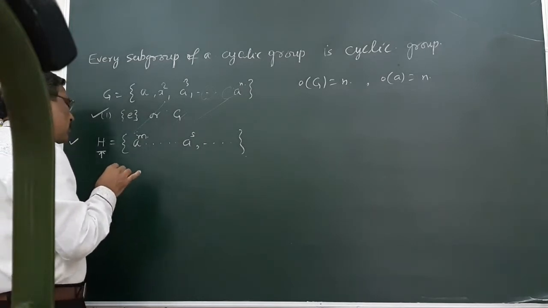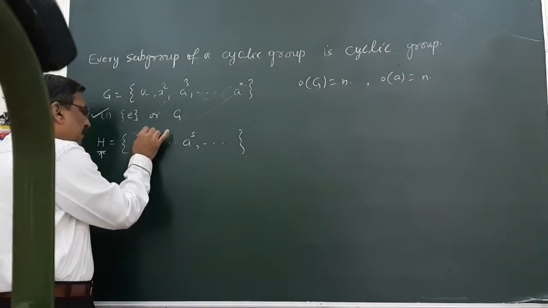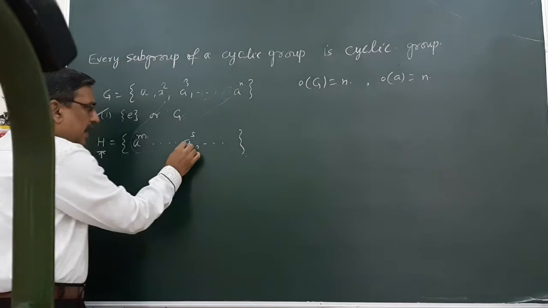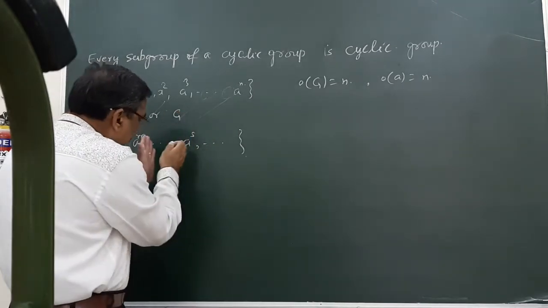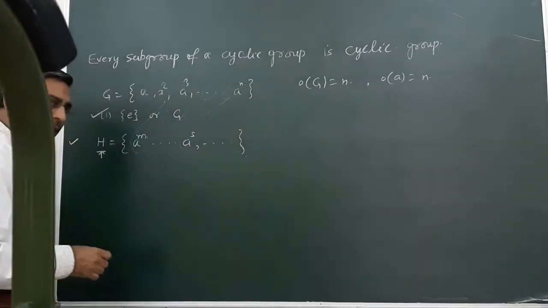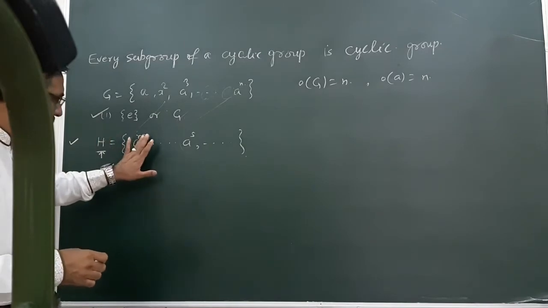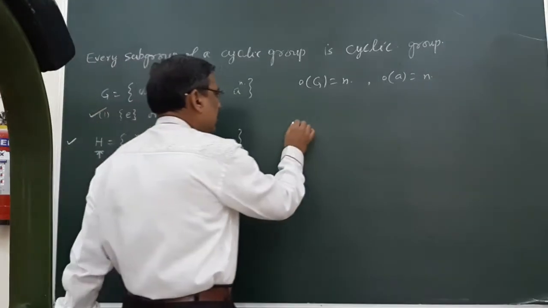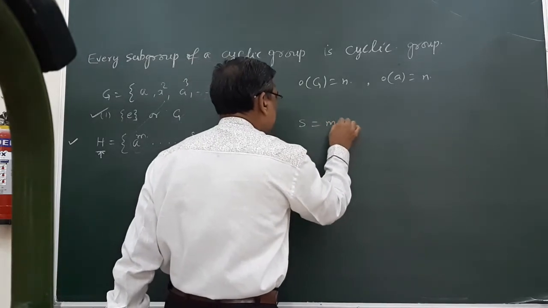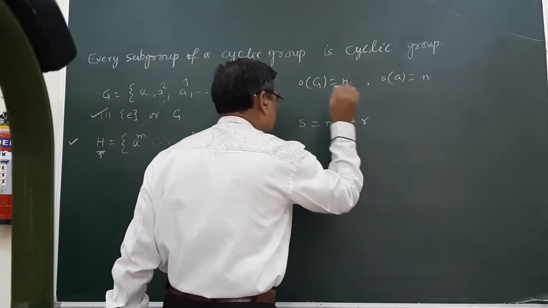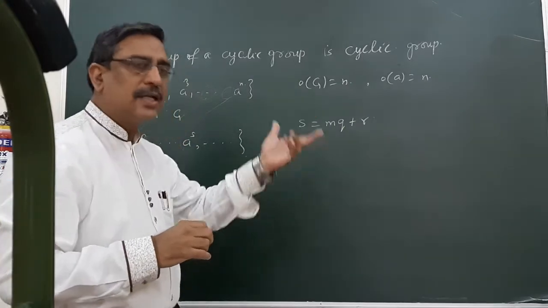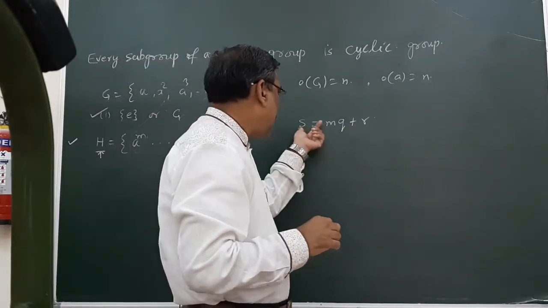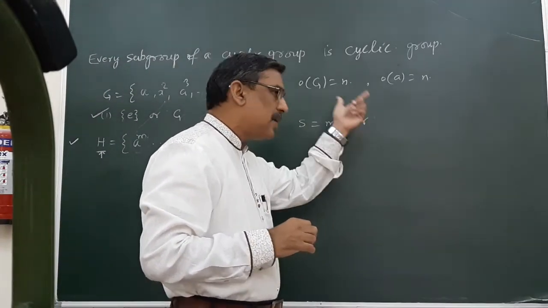So, let a^n be the lowest term and a^s be any term in between, and since n is the lowest one, s can be written as nq plus r, where q and r are integers such that s is equal to nq plus r.